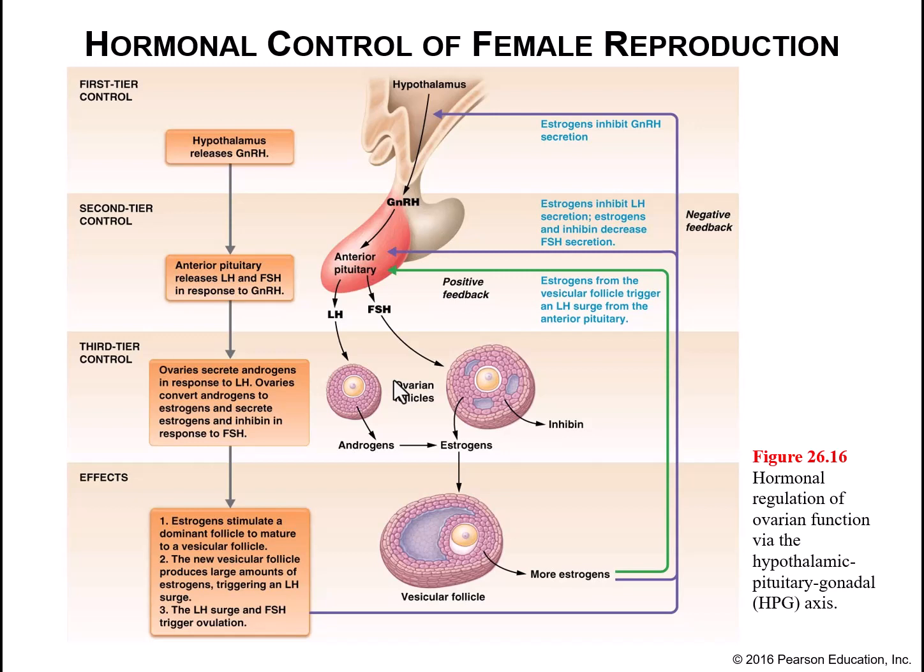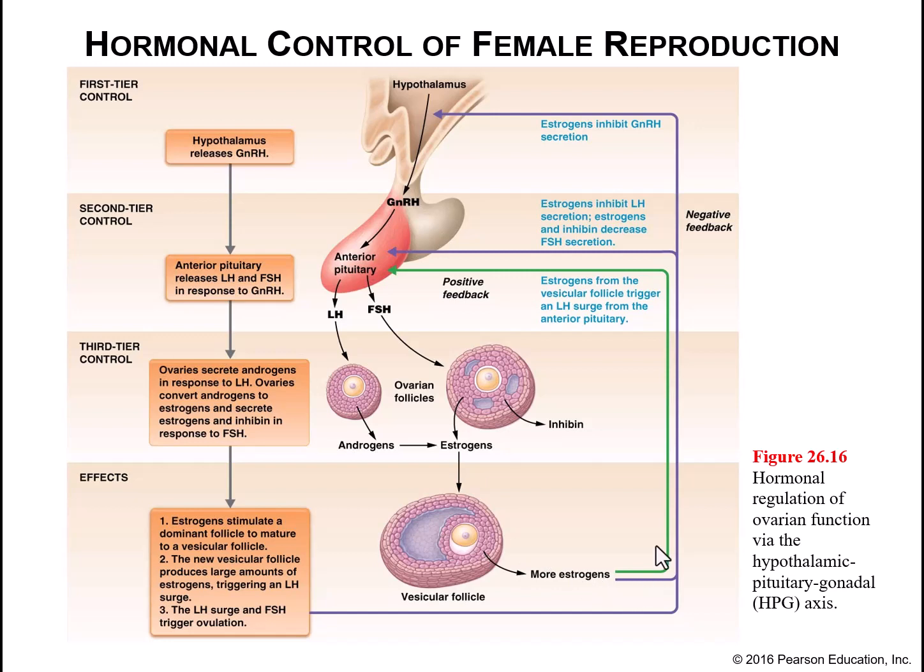LH stimulates the ovaries to secrete androgens, and then the ovaries convert androgens to estrogens and secrete estrogens and inhibin in response to FSH. Those estrogens further act on the dominant follicle to mature it to a vesicular follicle. This new vesicular follicle now makes large amounts of estrogens.